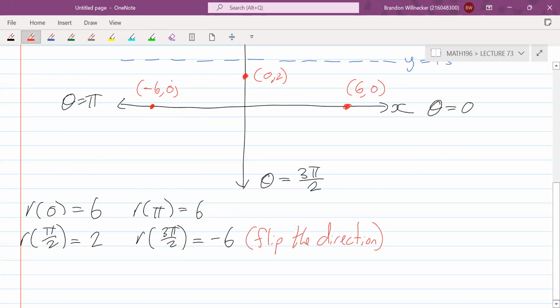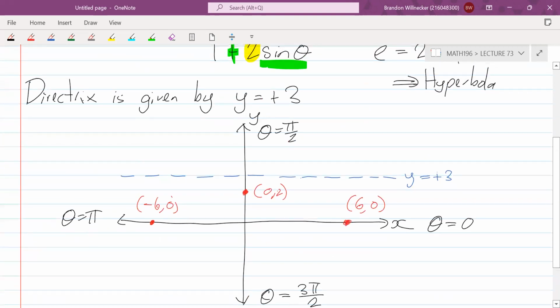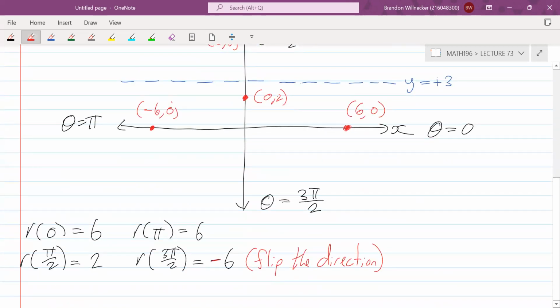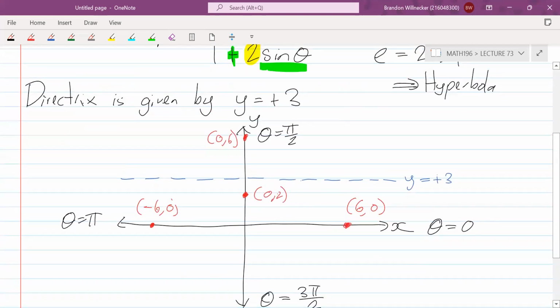So instead of going 6 down, we need to go 6 up. So that's going to be somewhere up here, 0, 6. That's because of this minus here. If we get a minus radius, we need to flip the direction. So instead of going at 3 pi over 2, which means down, we flip it, so we go up 6. So we're over there. Okay, so that's all the intercepts that we've got there.